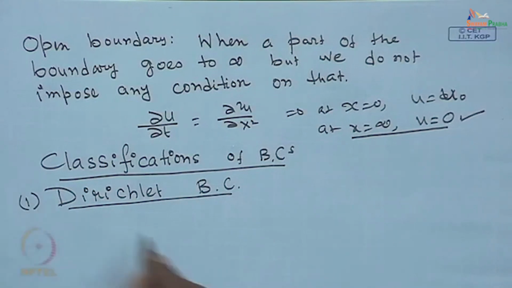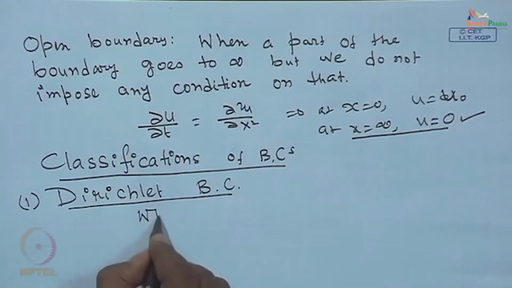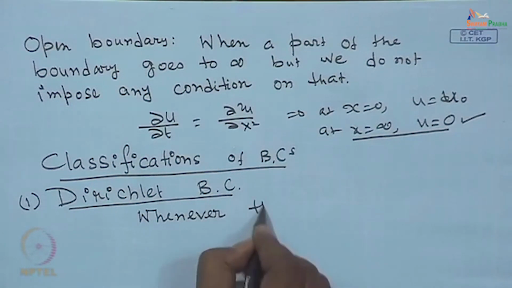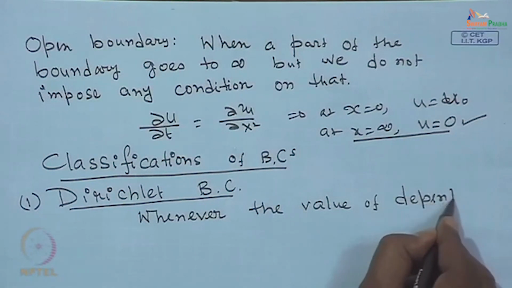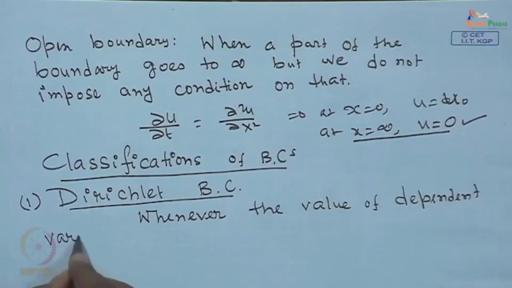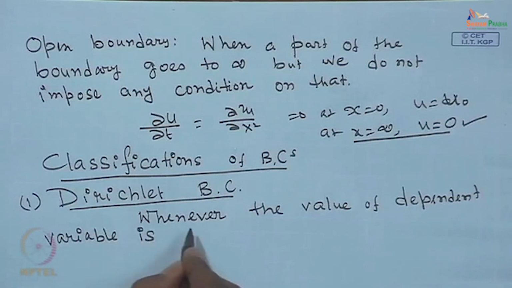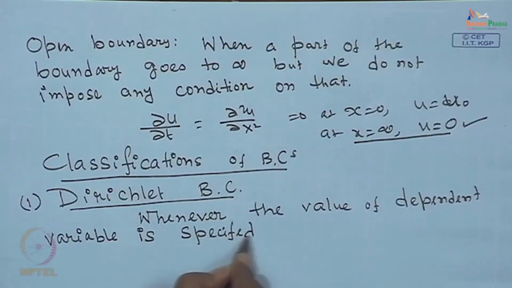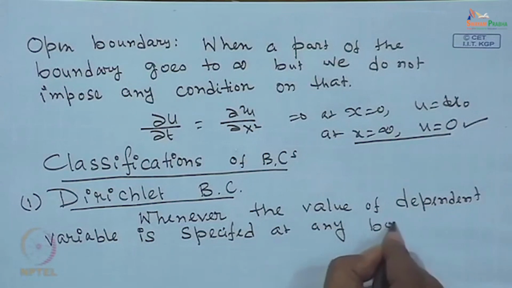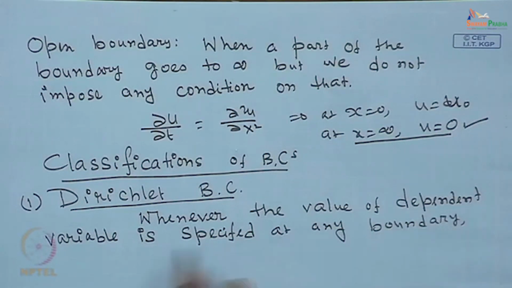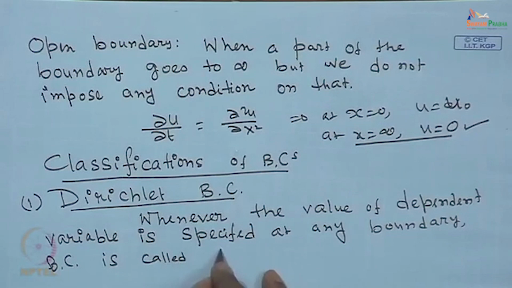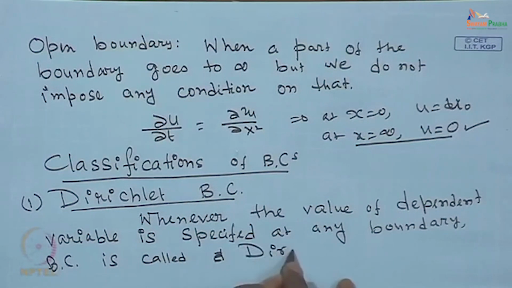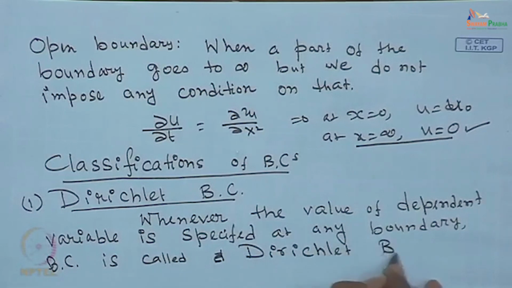Now, in this case, whenever the value of the dependent variable is specified at any boundary, then this boundary condition is called Dirichlet boundary condition.